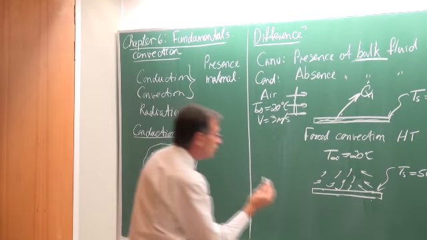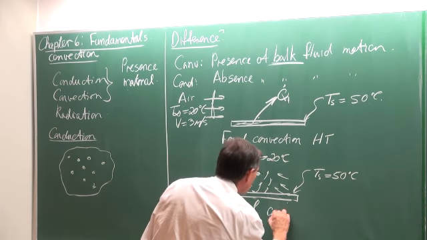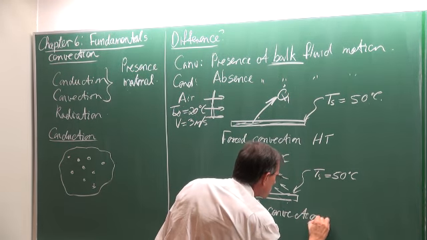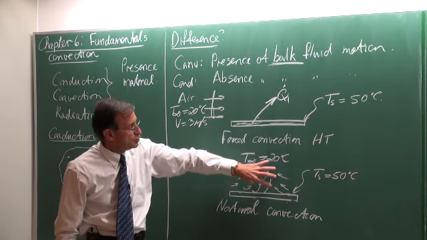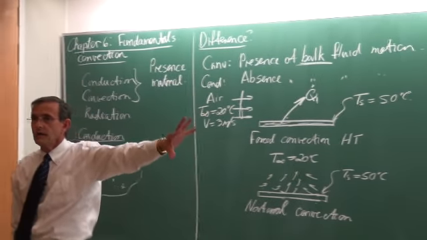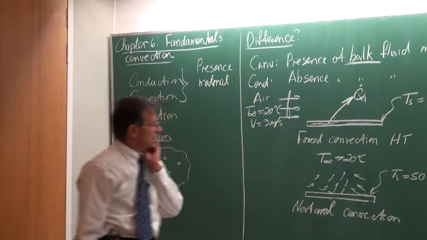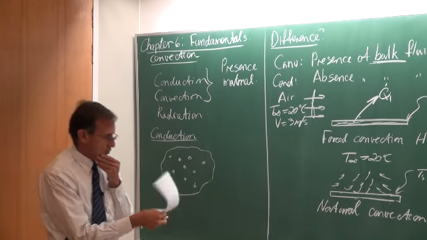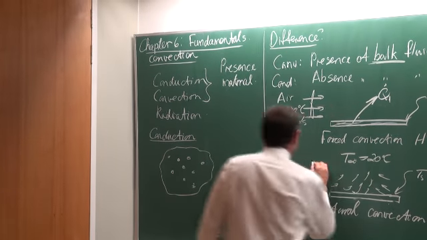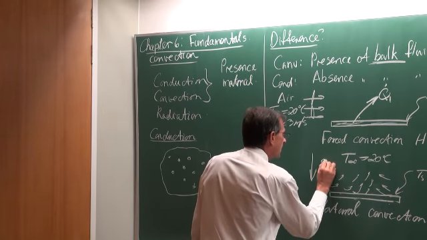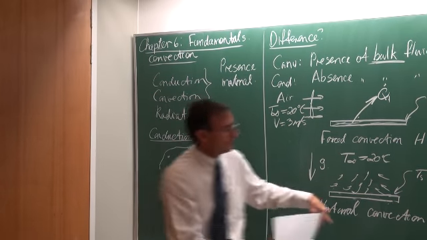So we call that natural convection. So the fluid bulk motion moves, and therefore it is called natural convection. What is very important to remember here, and we didn't put it in, is that gravity is working in this direction.